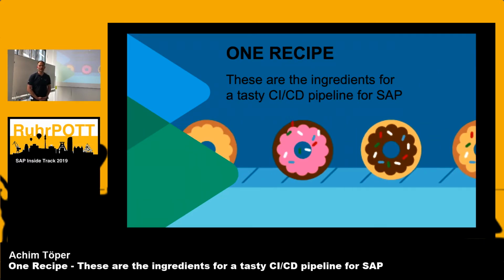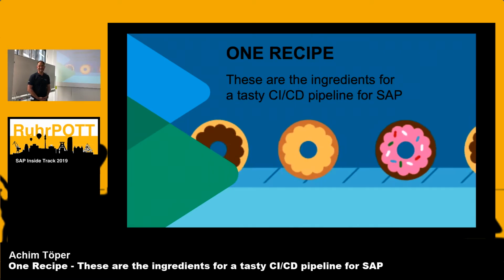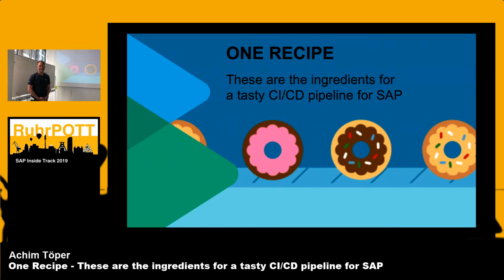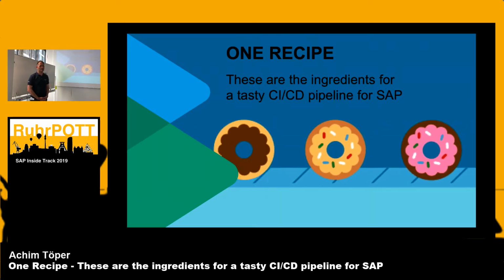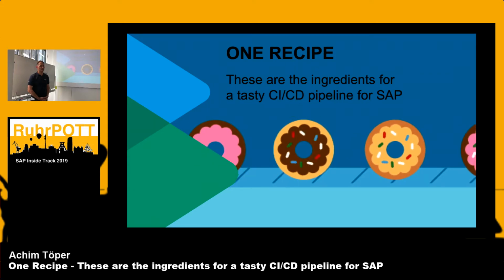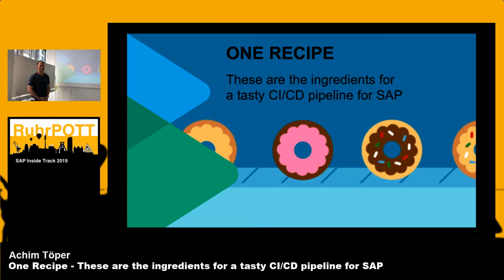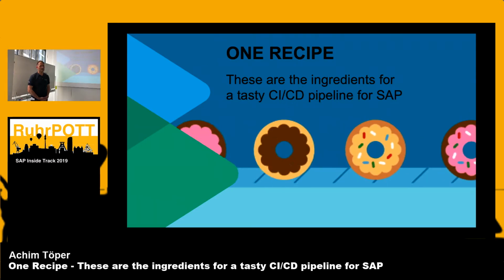And if you allow me, just close your eyes for a minute. We saw a pipeline of, I said cookies, but these are donuts. So please imagine a kitchen where these donuts are built, like on a pipeline.